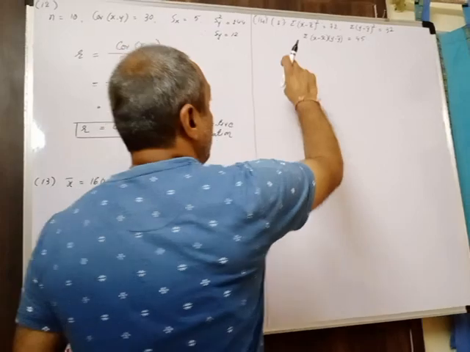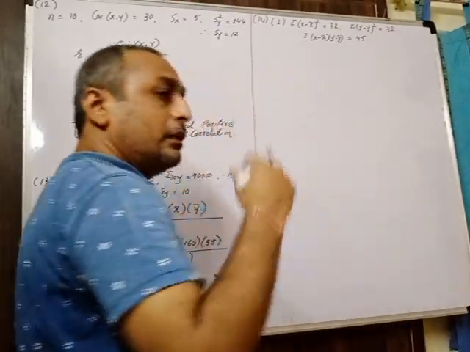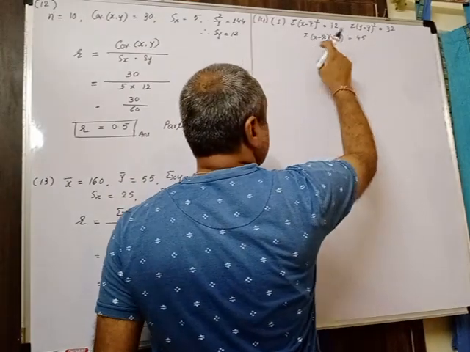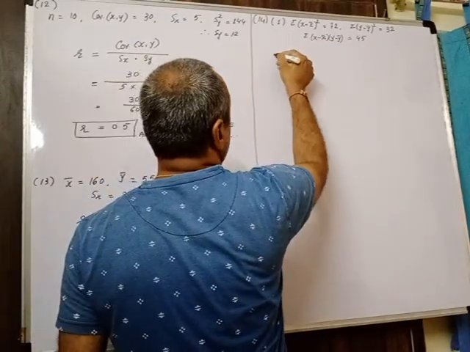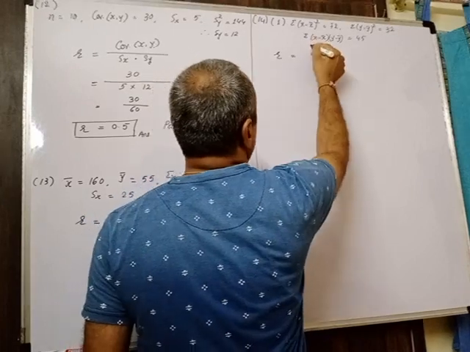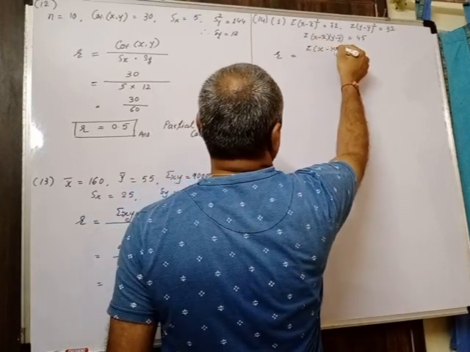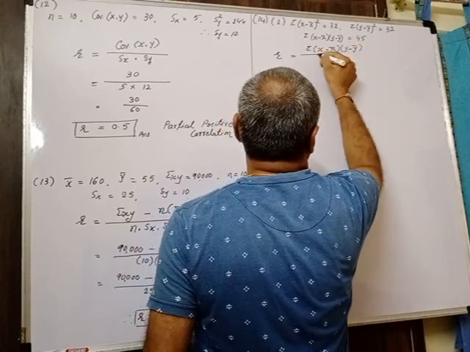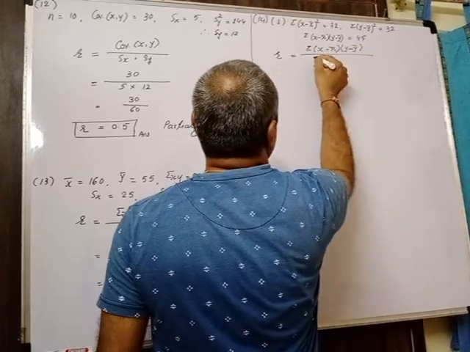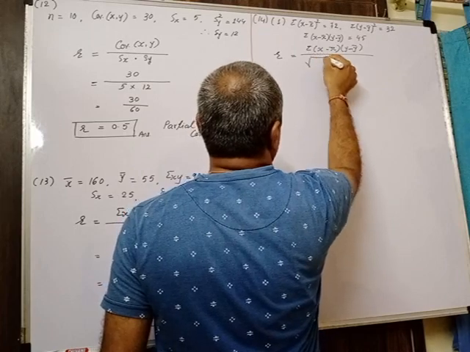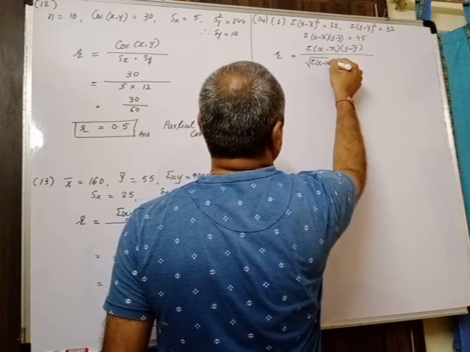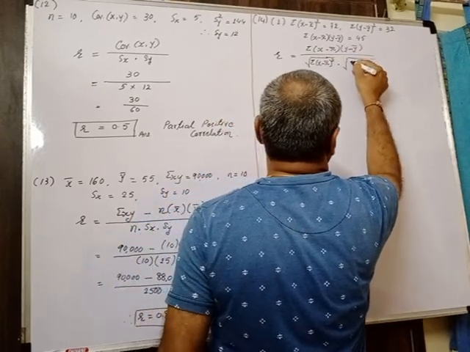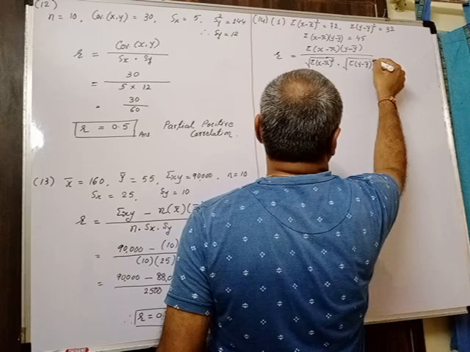Now this formula we have already used in the questions also. This is the formula using the deviations from the mean. So which formula according to the given data can we use? R is equal to sum of x minus x bar into y minus y bar divided by root of sum of x minus x bar the whole square into another root of sum of y minus y bar the whole square.